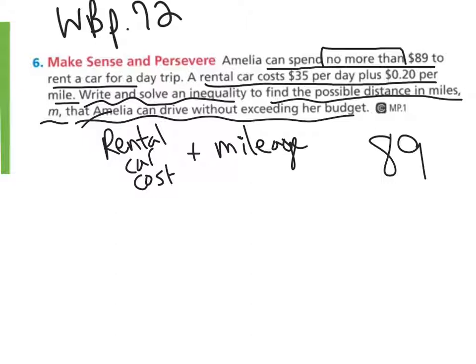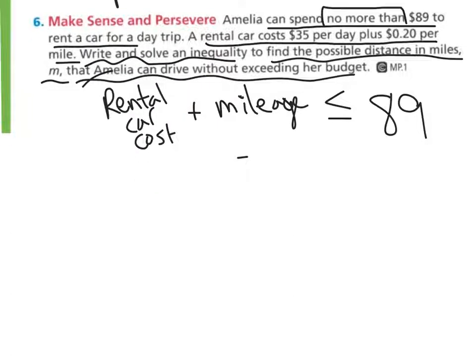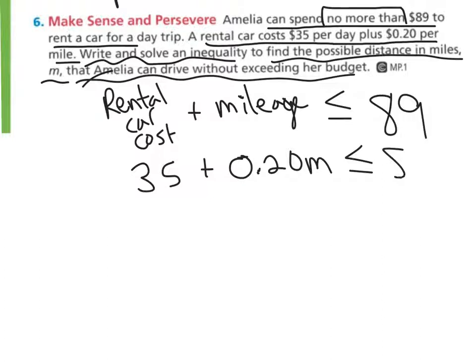If she can spend no more than $89, that means these two together should be less than or equal to 89. And that's how the budget problems generally are going to be. It's going to be a less than or equal to. So our rental cost here is $35. The mileage is 20 cents per mile, so that'd be 20 cents times M, and that needs to be less than or equal to 89.